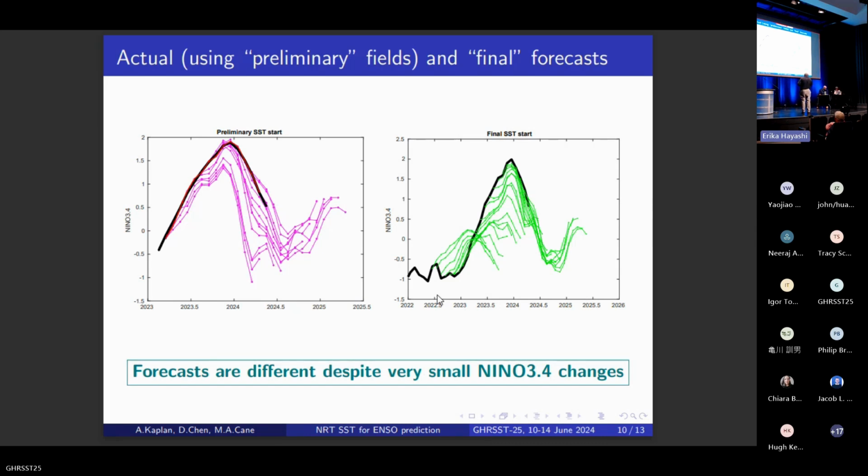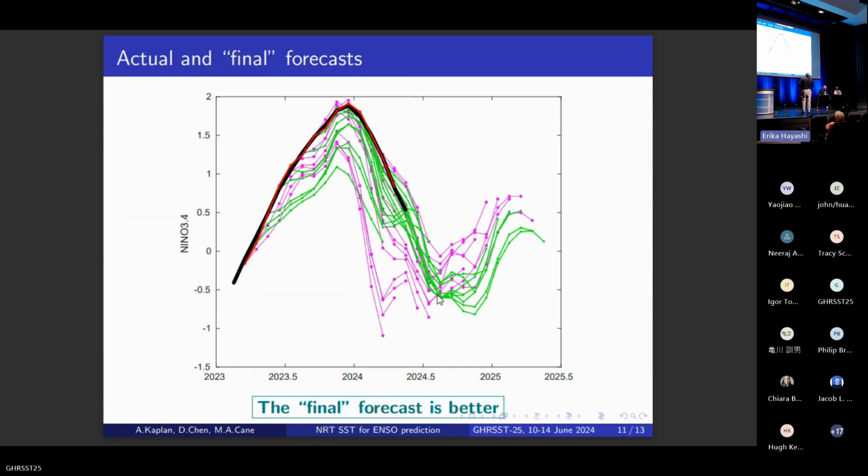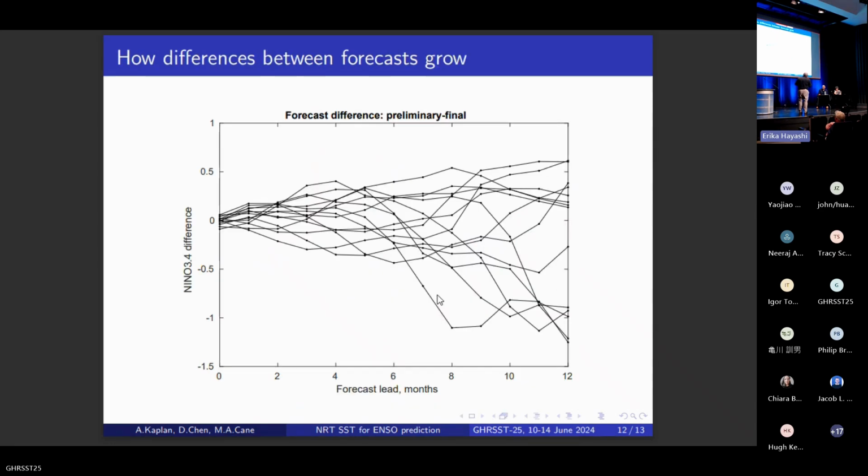That's much more diffused here. And here, for visual pleasure, these two things are put together. And again, I proclaim that somehow over this year, final fields were giving better forecasts.